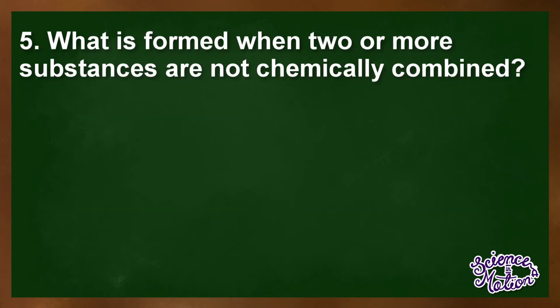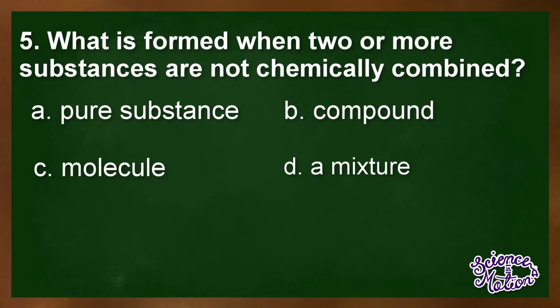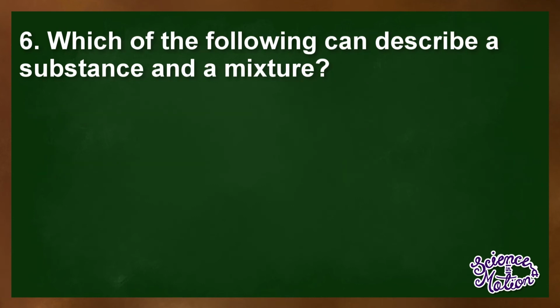5. What is formed when two or more substances are not chemically combined? A. Pure substance, B. Compound, C. Molecule, or D. A mixture? 6. Which of the following can describe a substance and a mixture?